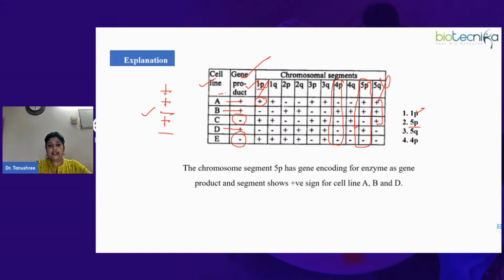We can directly say that the answer is option 2, because definitely if we are getting a gene product, it indicates the gene is present. One thing we have to remember here is that although other chromosomes also show the presence of gene product, it is not exactly matching this cell line profile, that you have to keep in mind.